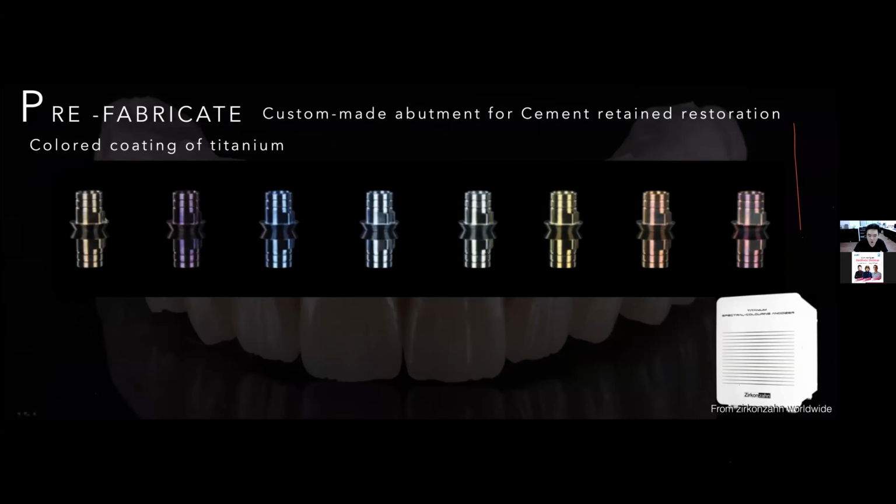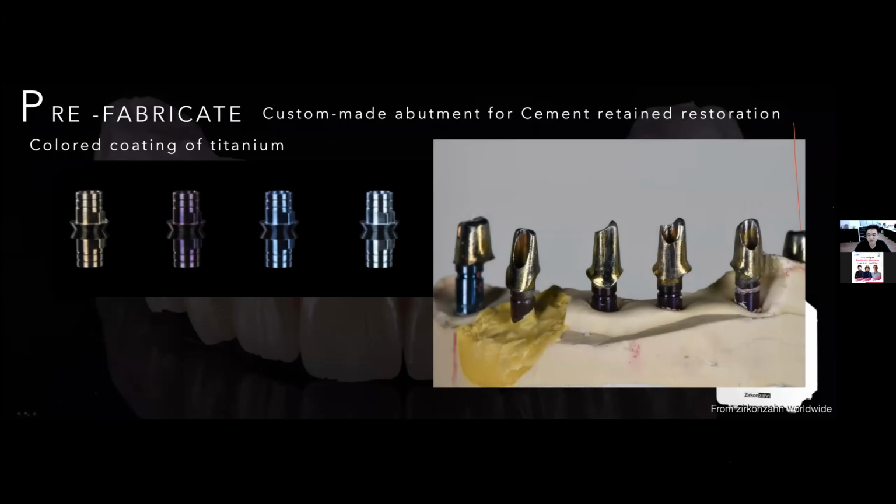So we can coat it with a gold color, maybe using the Kang color coating machine. You use the titanium liquid, take the electric current and put your titanium abutment into this liquid, and you can get different colors. Just use a different voltage, like this.